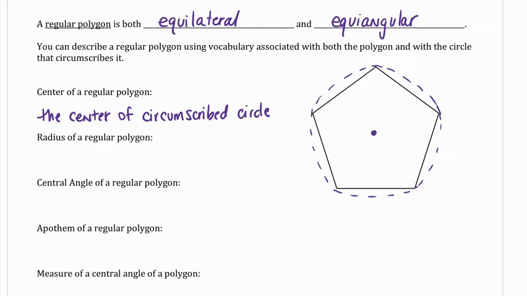The radius will always go from your center to one of your vertices. So the radius is the distance from the center to a vertex. Okay, that's our radius.